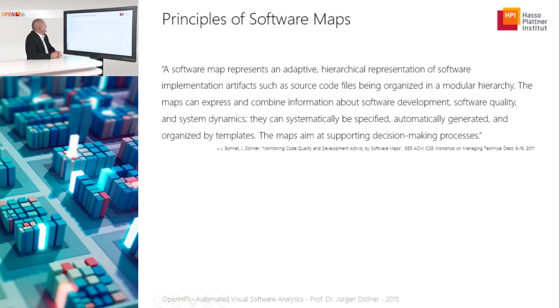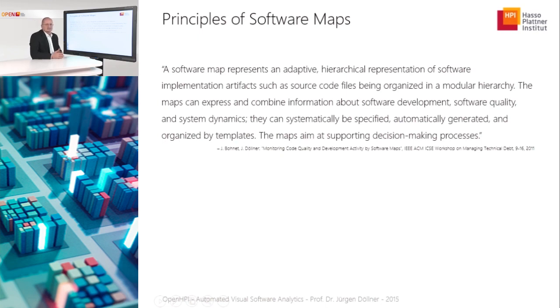It's explained that a software map represents an adaptive hierarchical representation of software implementation artifacts, such as source code files, being organized in a modular hierarchy. The software maps can express and combine information about software development, software quality, and system dynamics. They can systematically be specified, automatically generated, and organized by templates.